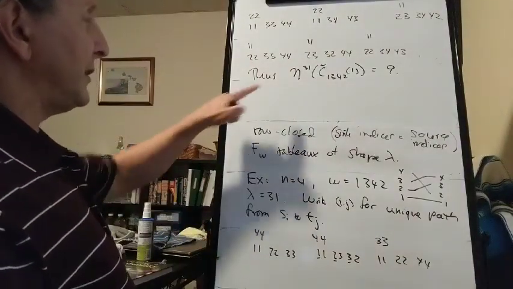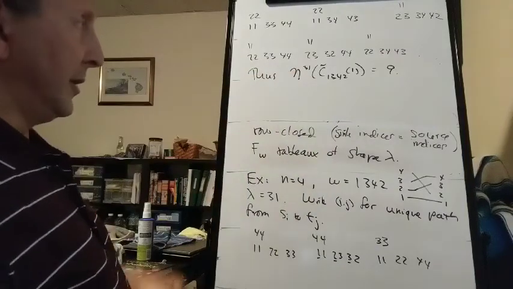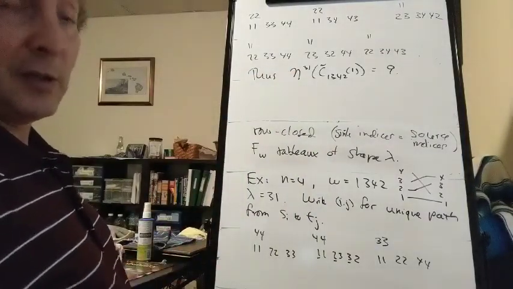Now this is one way to do the computation of eta lambda of a Kajsteinistic basis element. There's actually another way.